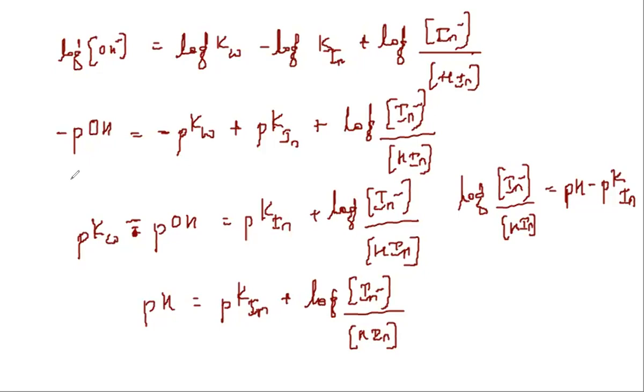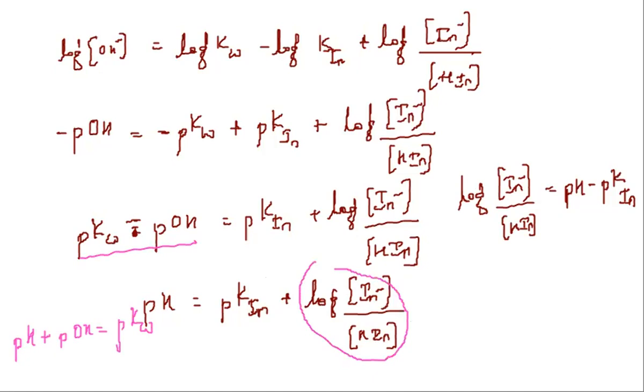Take my pKw to this side: pKw minus pOH is pH, because I know pH plus pOH is equal to pKw. Therefore, if I want to find log of this, it will be pH minus pK_In.